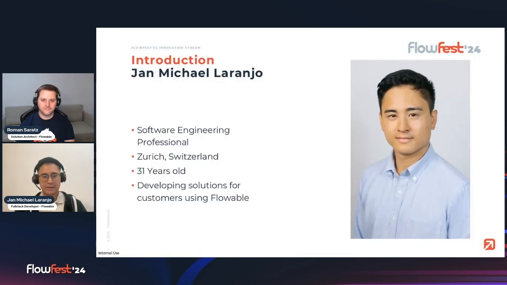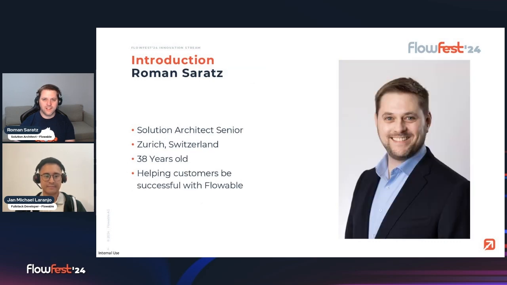So, hi everyone, my name is Jan. I'm a software engineer living in Zurich. I'm 31 years old. I'm working for Flowable for more than 1 year now, and I help customers solve problems and develop solutions together with them. And hello, everyone. I'm Roman.